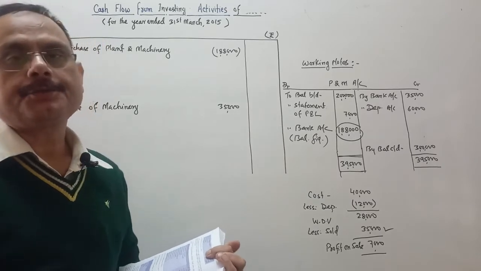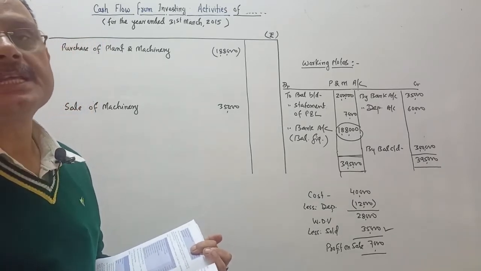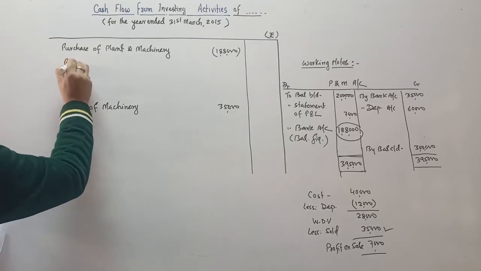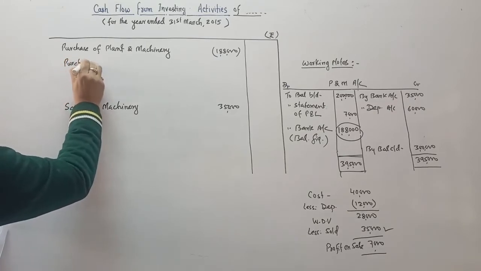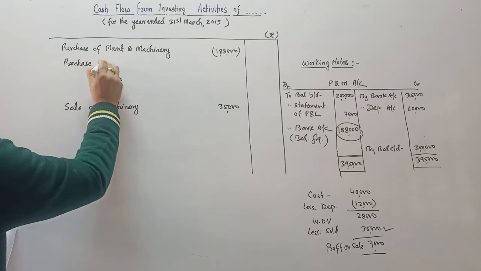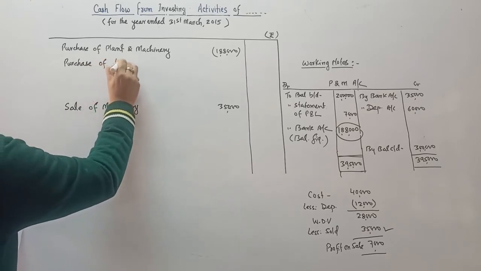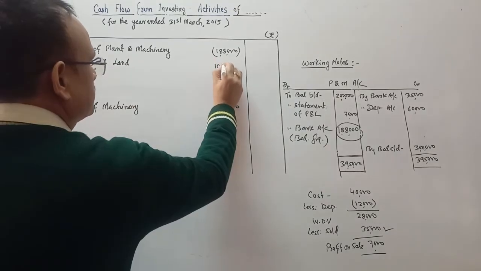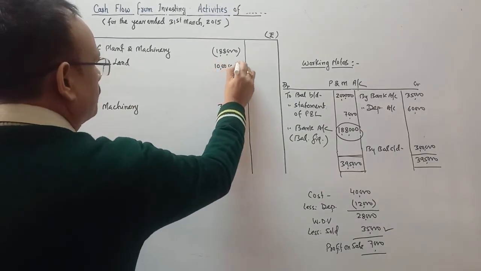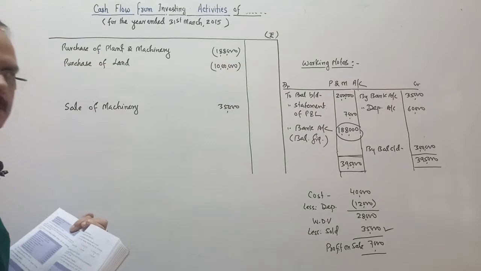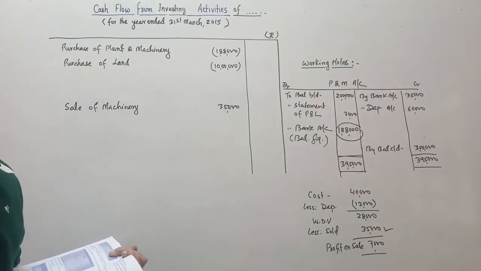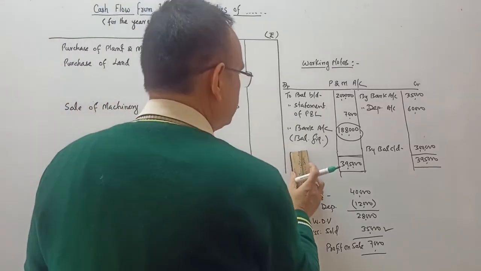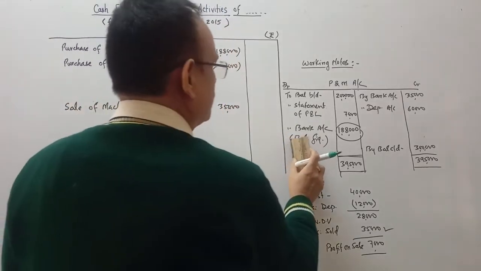So the difference indicates the purchase of land. It is increased, so this increase indicates the purchase of land. Purchase of land, 10 lakhs. This is also an outflow. Is it clear?